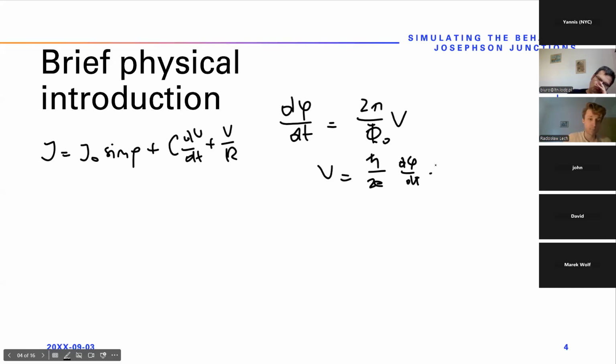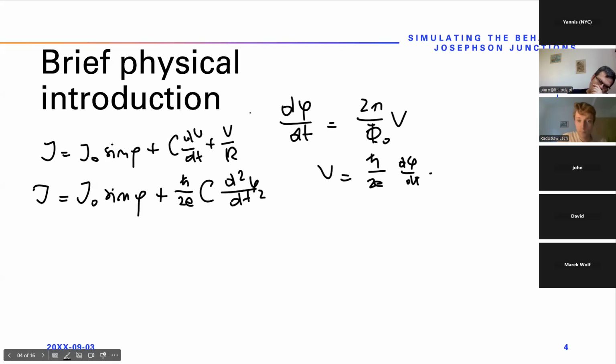So voltage is... plus C. Okay, I forgot about C. C d squared phi over dt squared, and this is plus.